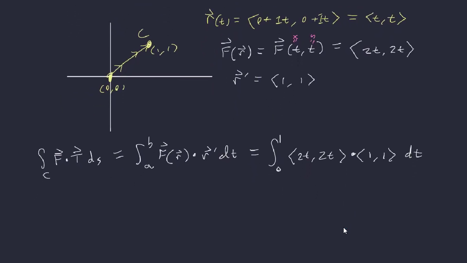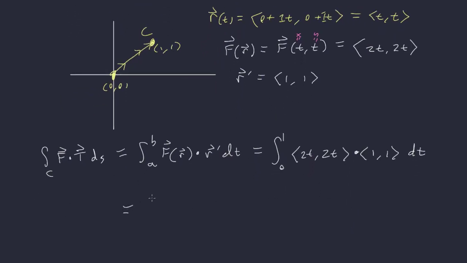All right, so we'll get an integral from 0 to 1 of 2t plus 2t dt. So it's the integral from 0 to 1 of 4t dt. As I said, I often do this part up here beforehand, but it works either way.